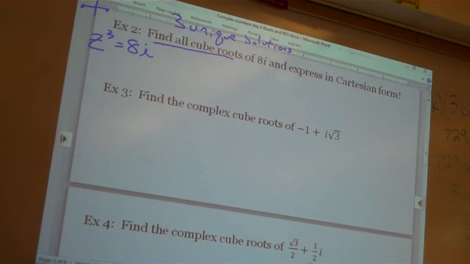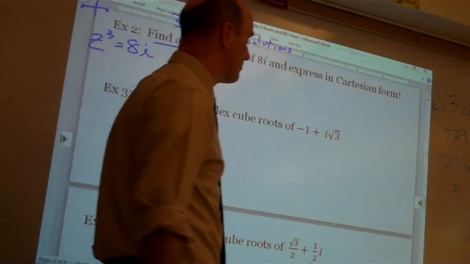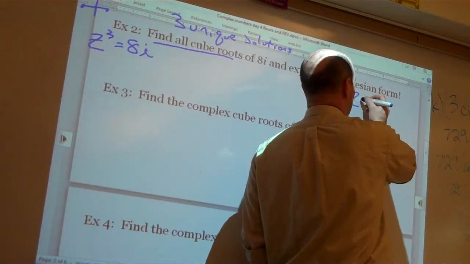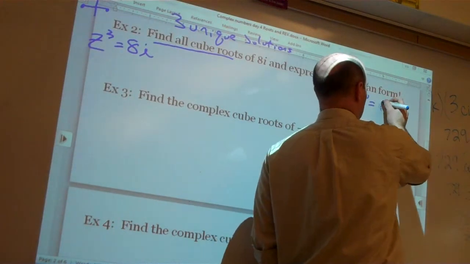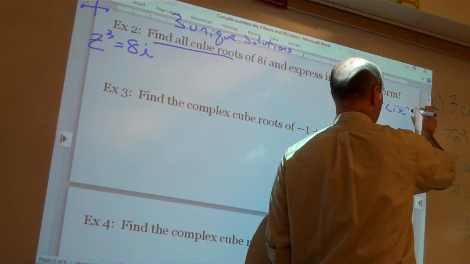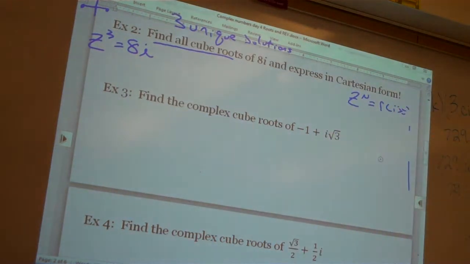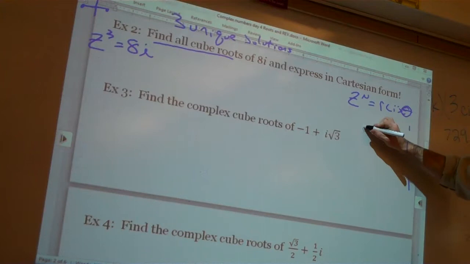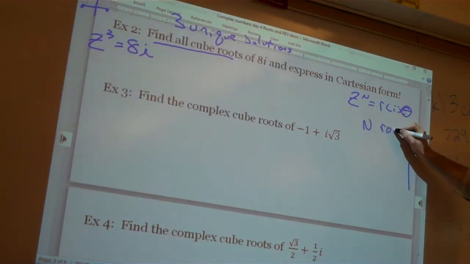So if we put this into some general form, if I have z to the n equals r cis theta, or a plus bi, we'll have n roots. And they're going to be equally spaced apart.